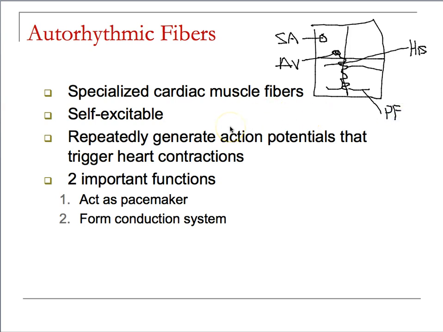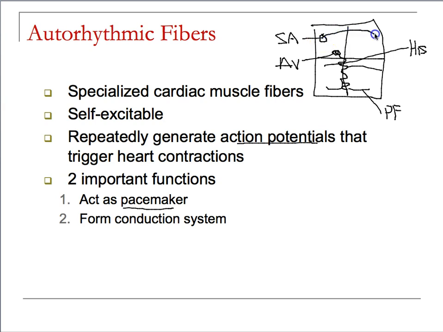What I want you to understand is that the SA node and, to a lesser extent, the AV node are responsible for generating what we call pacemaker function, right? It repeatedly generates action potentials that can trigger heart contractions. Remember that all cardiac myocytes have gap junctions.